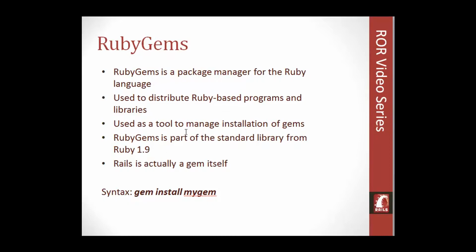It's used as a tool to manage installation of gems, so you can gem install, gem uninstall, whatever. Ruby Gems is part of the standard library from Ruby 1.9 on, and we will be using Ruby 1.9.3. And Rails is a gem itself. You can actually install Rails through Ruby Gems.